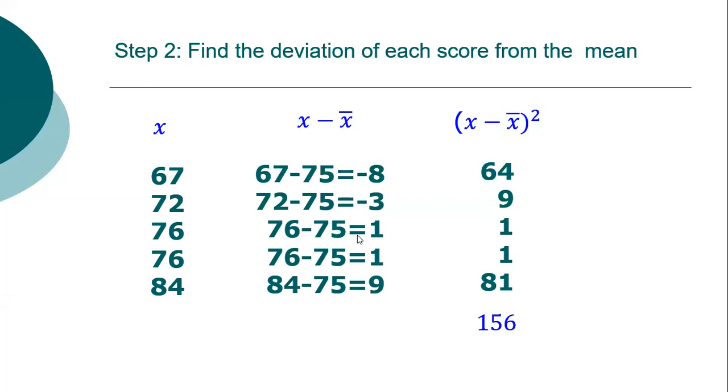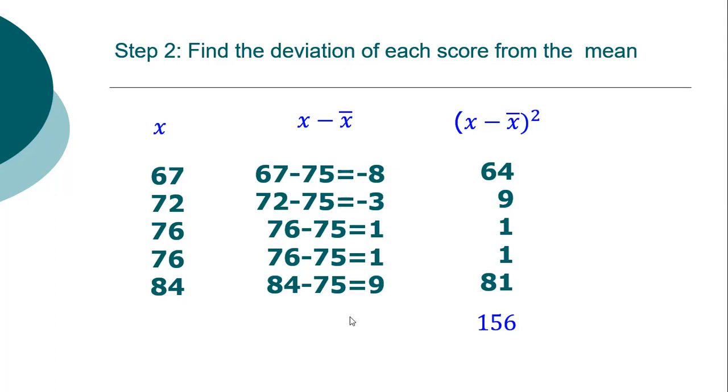So if you add this one, the summation, or if you add negative 8 minus 3 plus 1 plus 1 plus 9, you will get 0. So one way to double check na tama ang ginagawa mo, dapat maging 0 ang sum nitong x minus the mean. Okay?